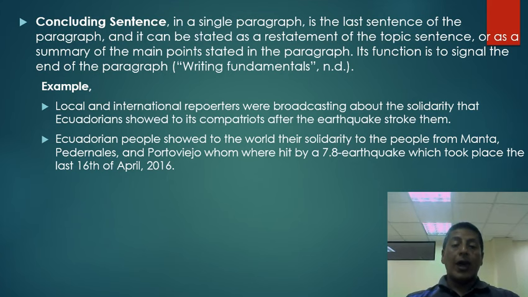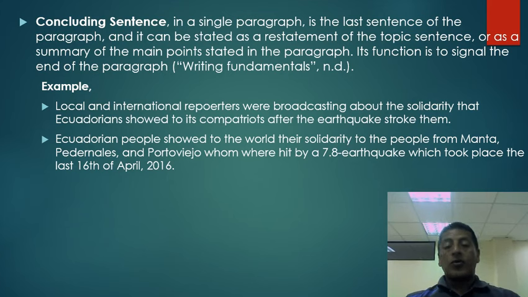Okay, so here we have all the parts of the single paragraph: the topic sentence, then the supporting sentences, and the concluding sentence. Don't forget that the topic sentence is made of two parts: the main subject and the controlling idea. Then come the supporting sentences, which can be examples, facts, statistical information, and the concluding sentence, which includes two different ways to state it.